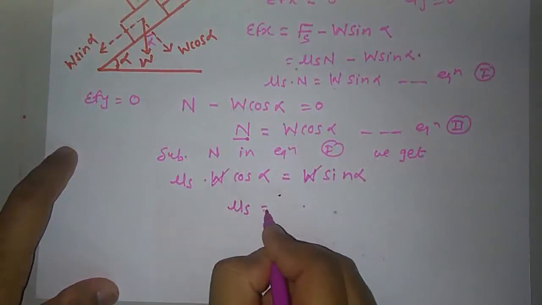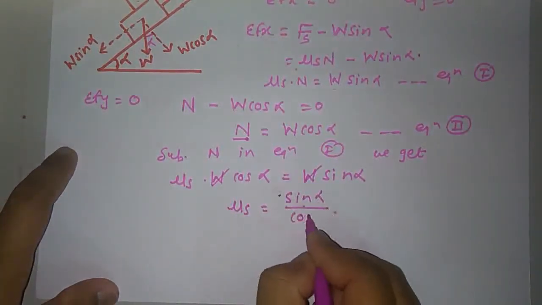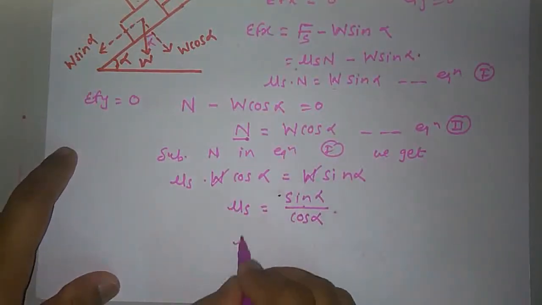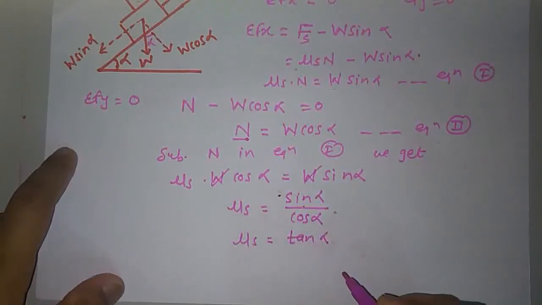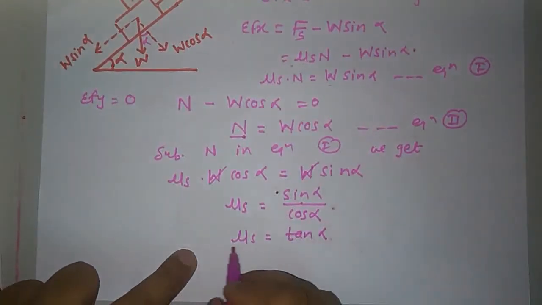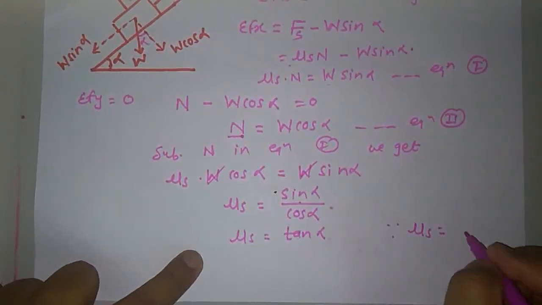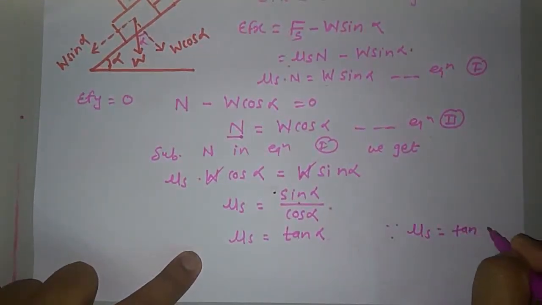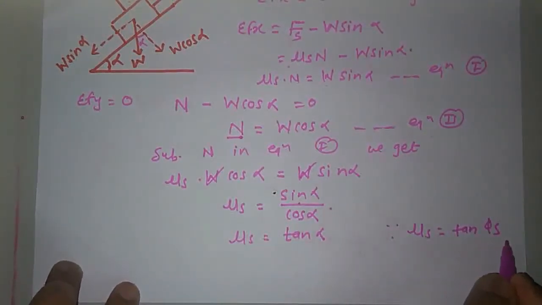So mu s is equal to sin alpha divided by cos alpha. Mu s is equal to tan alpha, right? So what is mu s? The coefficient of static friction is equal to tan phi s. Just now we have studied that mu s is equal to tan phi s.